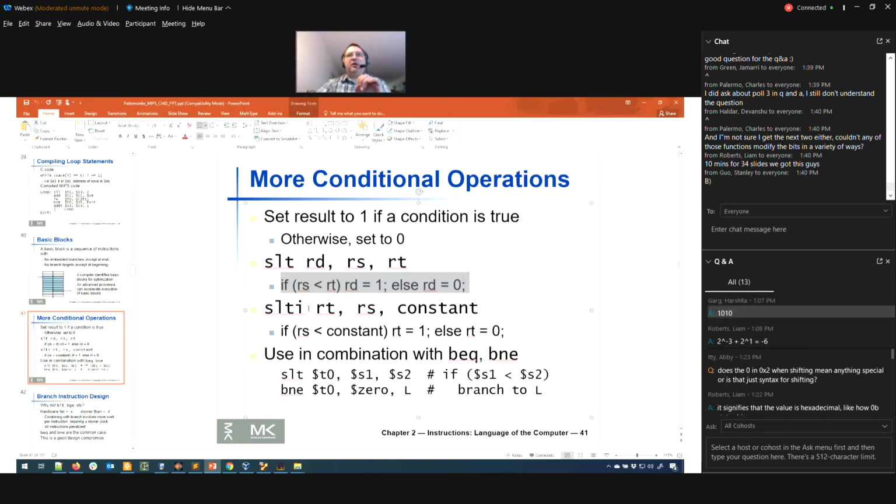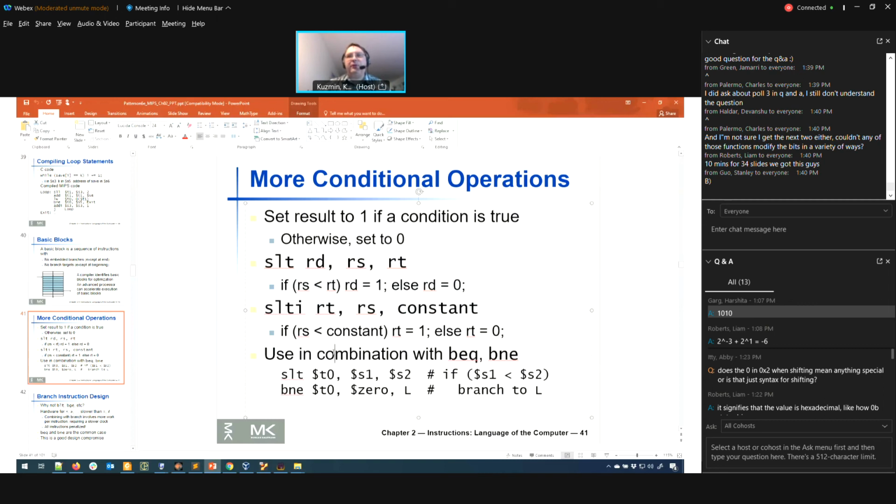And you can also do SLT with an immediate value, hence SLTI with a constant. It works the same way, except you only have 2 registers. One is compared to a constant, and another is set to 1 or set to 0. So if you want to do your branch on less than, you have to use a combination of SLT and BNE or BEQ.